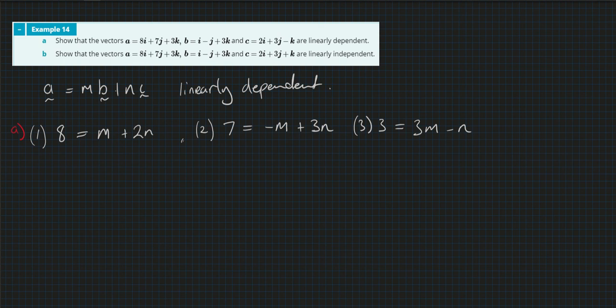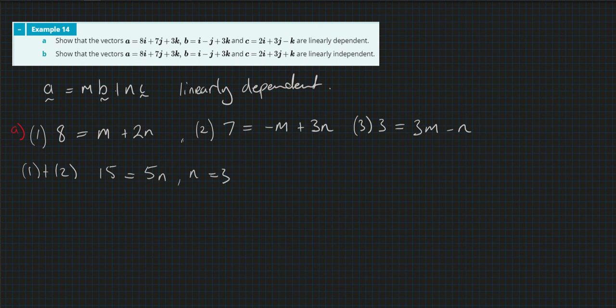Equation 1 and equation 2 has a minus m. So if I do 1 plus 2, 8 plus 7 is 15. We've got a minus and a positive m, so they disappear, and we have 5n, so that makes n equal to 3.